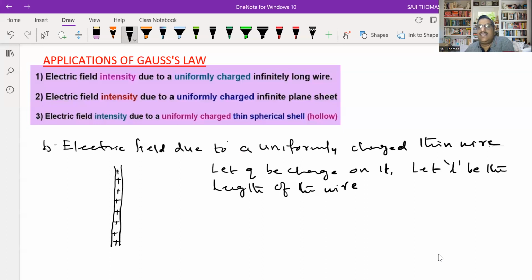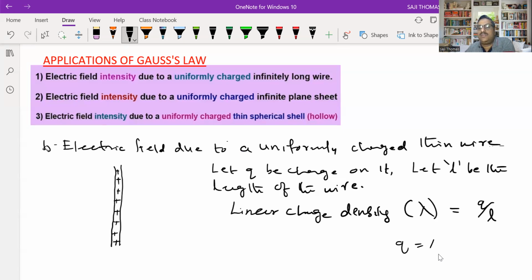Linear charge density is charge per unit length of the wire. I denote it by the letter lambda. Linear charge density denoted by the letter lambda. What is it? Charge by length. So we can write Q is equal to lambda into L. So linear charge density lambda equals Q by L.